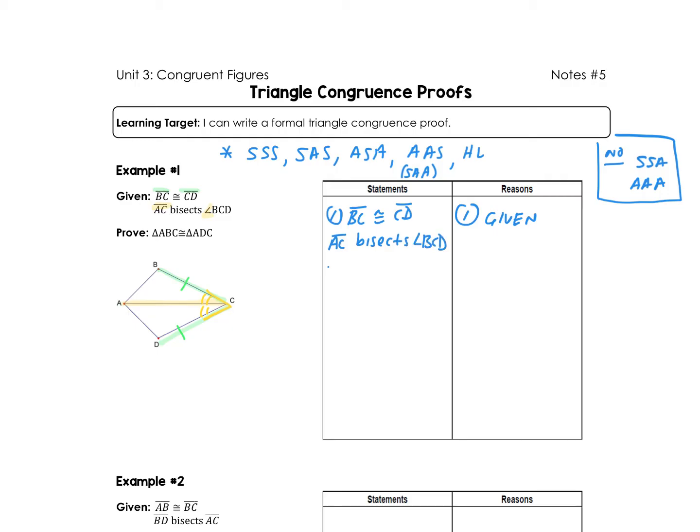You could write it as a separate statement, but you can also put your given information together. Right, the takeaway from that was that it created 2 congruent angles, and those angles are angle BCA congruent to angle DCA, and that's by definition of an angle bisector.